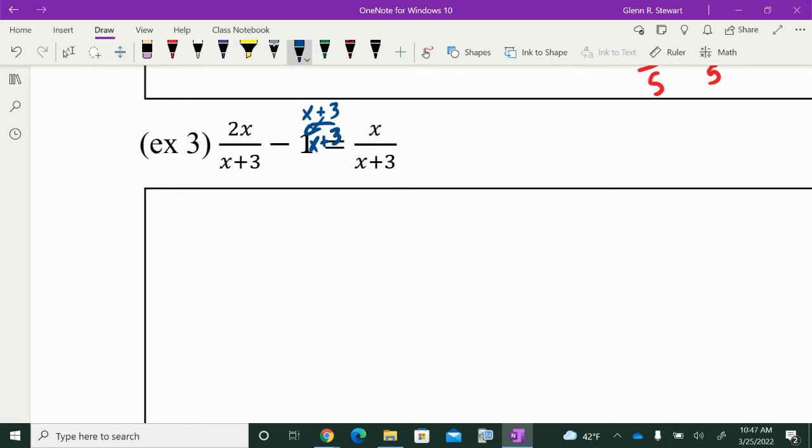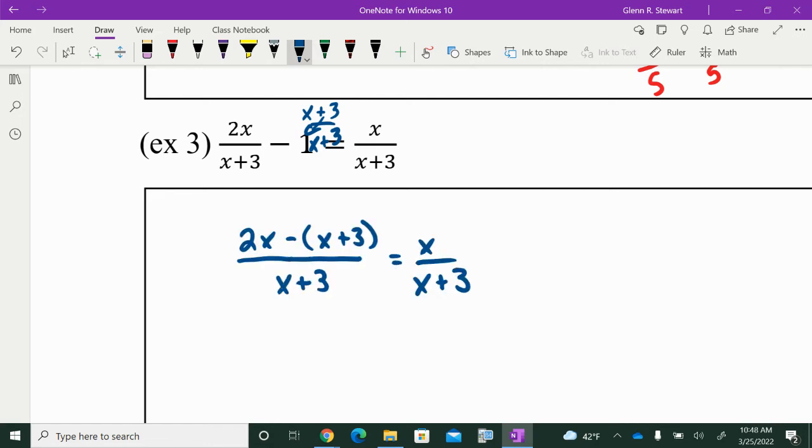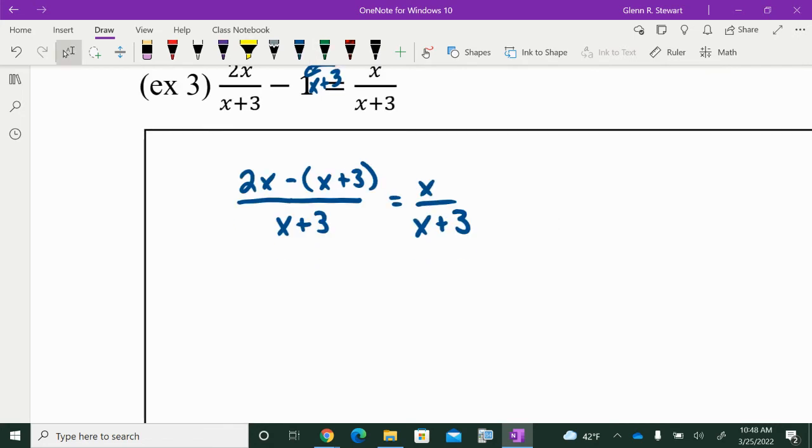So I have 2x minus (x plus 3) all over x plus 3 is equal to x over x plus 3. Right? They both have the same denominator.